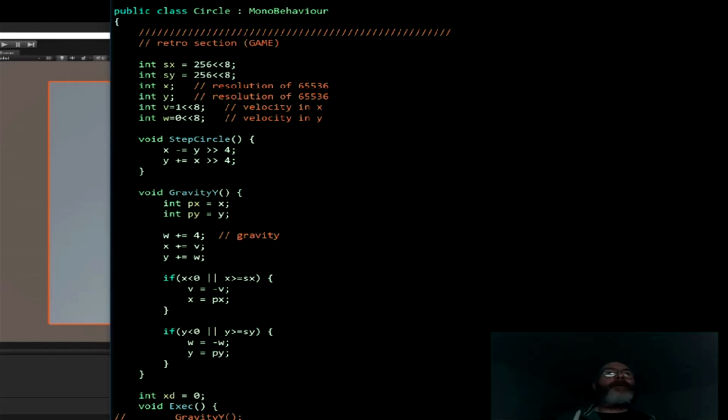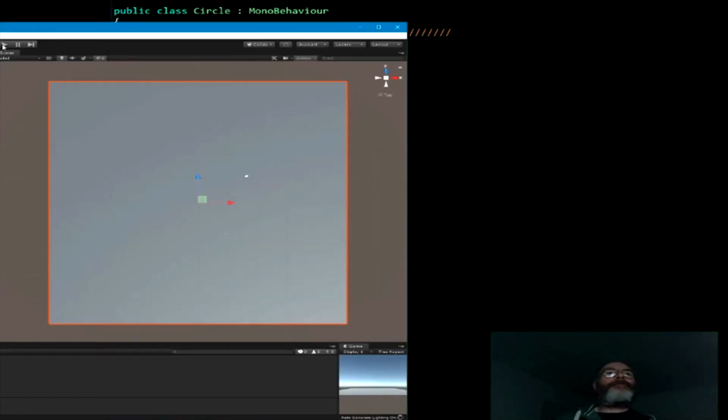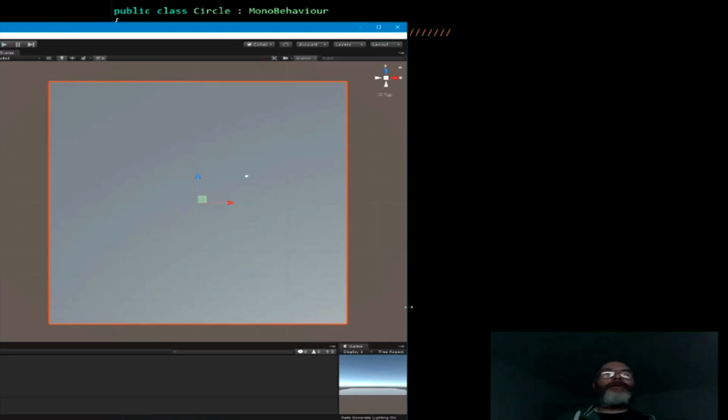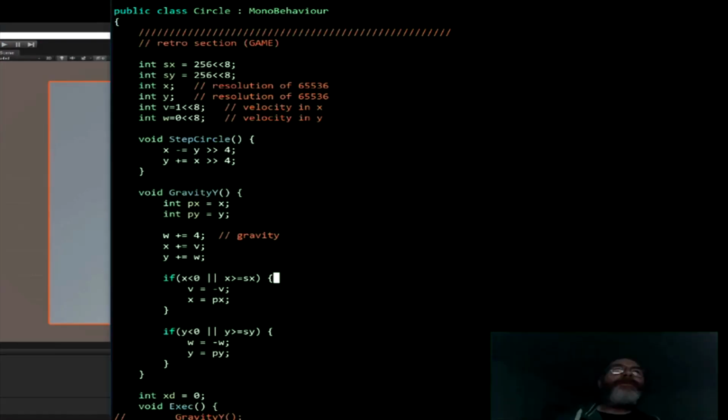So why? Probably because it's going the wrong way around, which I think I can probably fix by doing that. And I can make it go the other way, I suspect. Let's see. No, it doesn't seem to want to move.